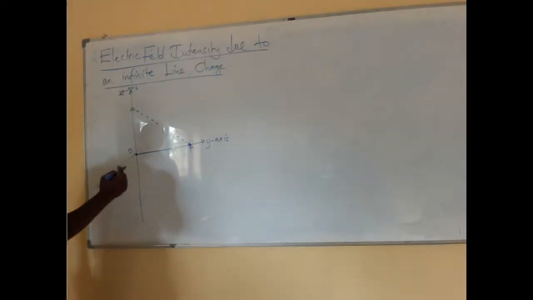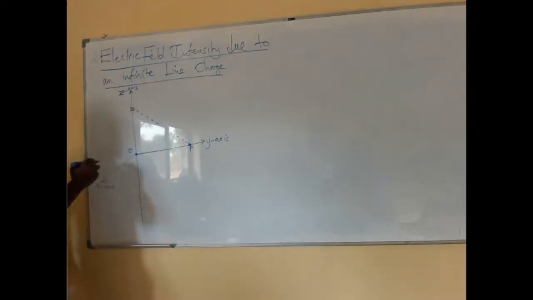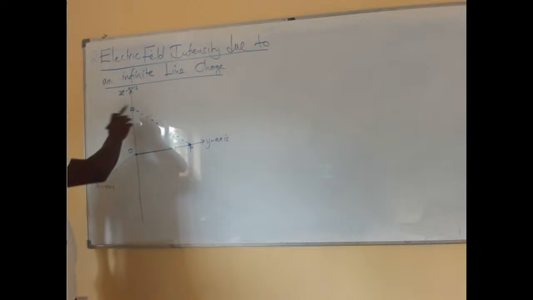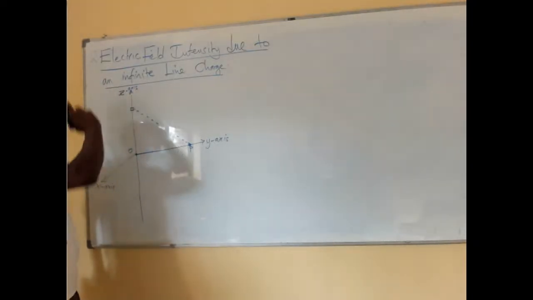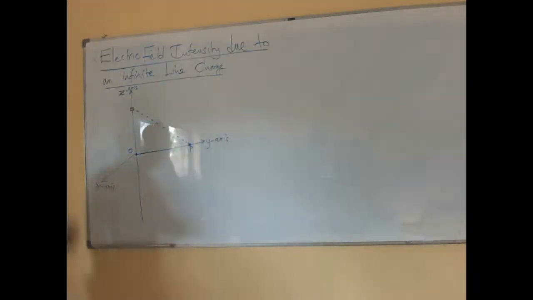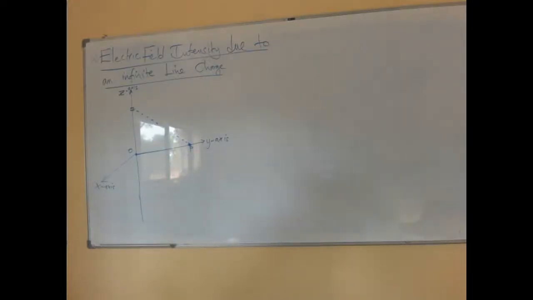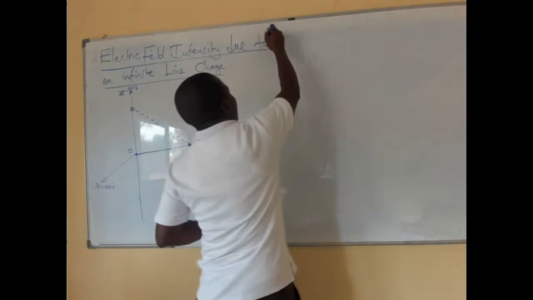First we make a calculation for the small component. After we find the expression for the small component, we can do the integration and find the result for the rest of the line charge. Okay, having said that, now we have to make a few assumptions.